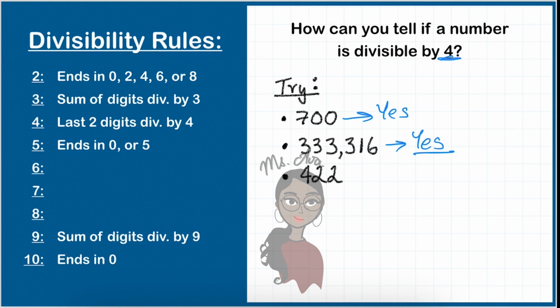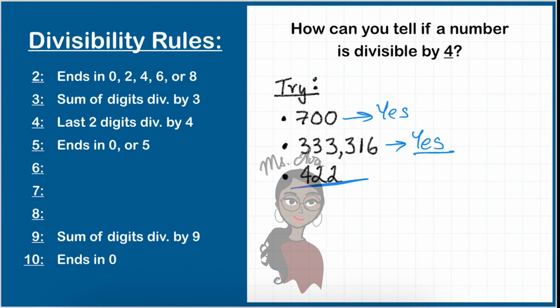But the main idea is that it doesn't really matter how it looks on the other side. Like you can look like something that would not be divisible by 4 at all. But the last 2 digits are the only thing you have to look at. And that can tell you if the whole thing is divisible by 4 or not.